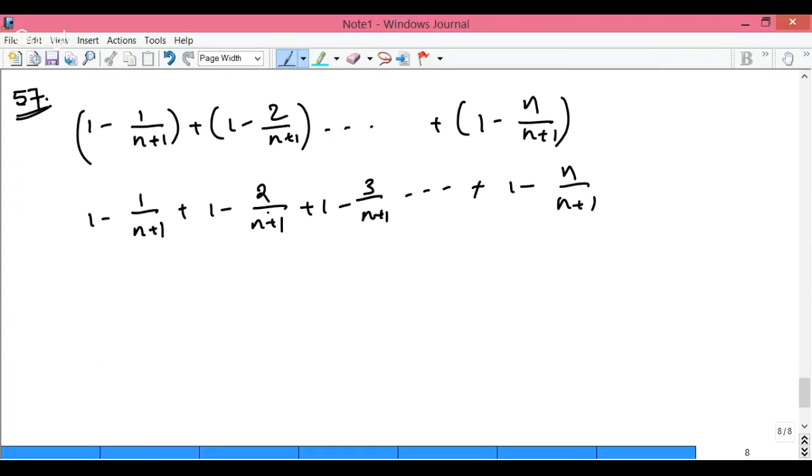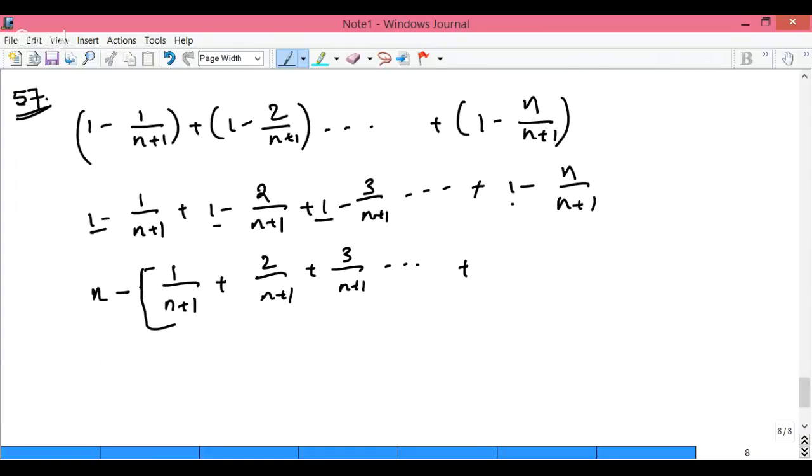So we have n terms, and n ones. So write n, take minus common and write all the remaining: 1 by n plus 1 plus 2 by n plus 1 plus 3 by n plus 1 and so on plus n by n plus 1.